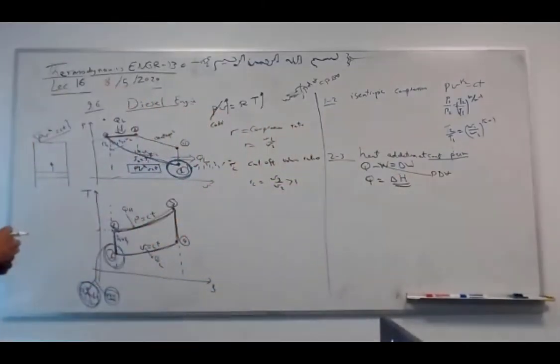So both are correct: Q equals delta U plus W, or Q equals delta H. Which one is better, guys? The first or the second?